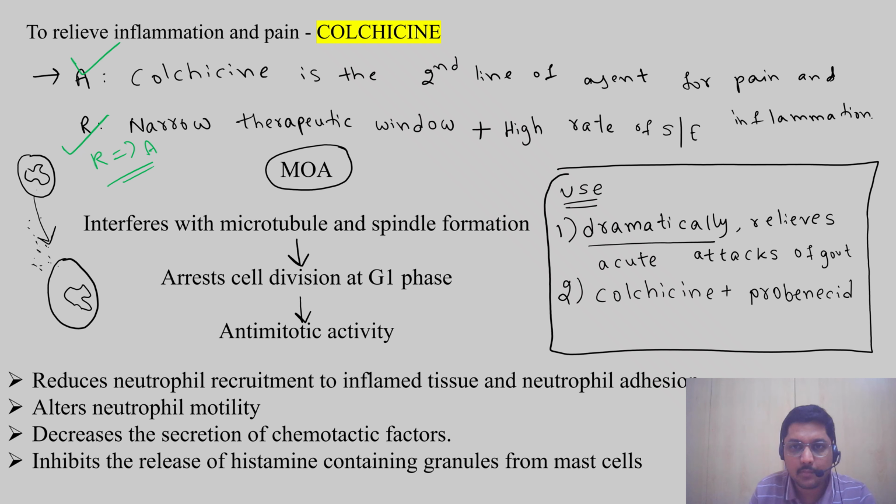This colchicine and probenecid together are used in the treatment of frequent and recurrent gout attacks.